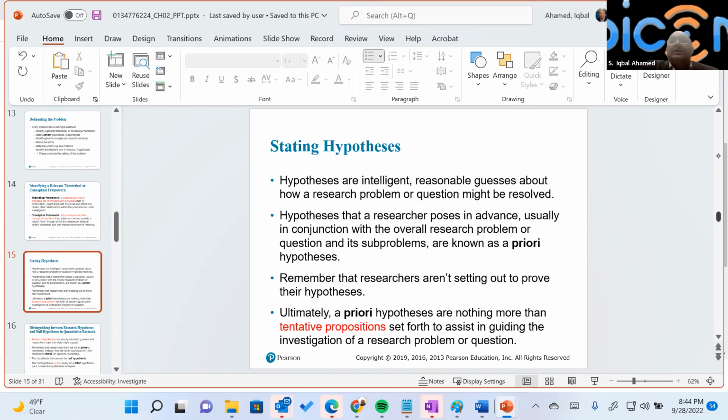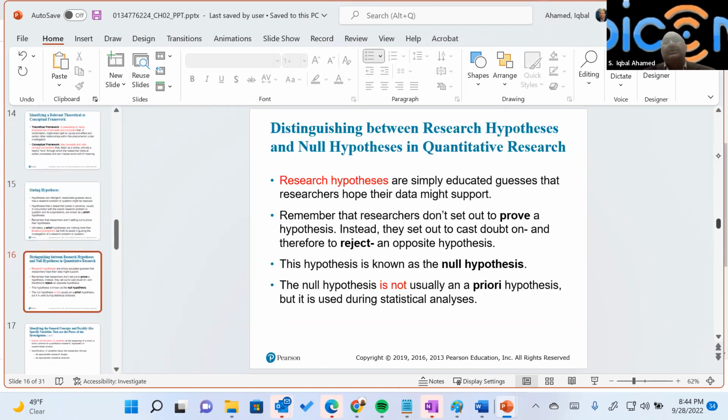But usually what we do is write the aims and then try to come up with a set of hypotheses. And a set of hypotheses is nothing but reasonable guesses, and those guesses you try to prove or disprove, right? So that's the way it works.